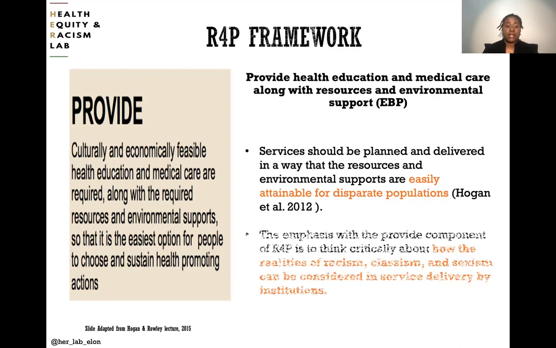So we need to be sure that what we're providing is culturally and economically feasible health education and medical care, along with social support and environmental support, so that it becomes the easiest option for people to choose and sustain health promoting actions and evidence-based practices, and that people are able to access them, choose them, use them, and benefit from them.